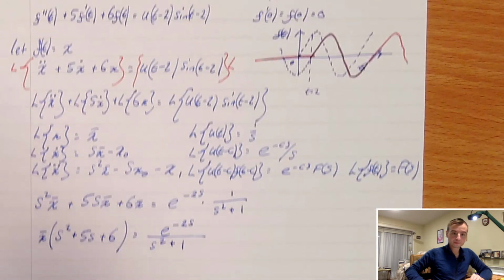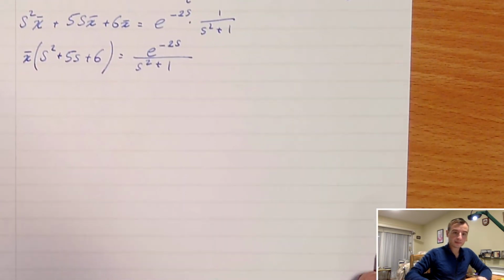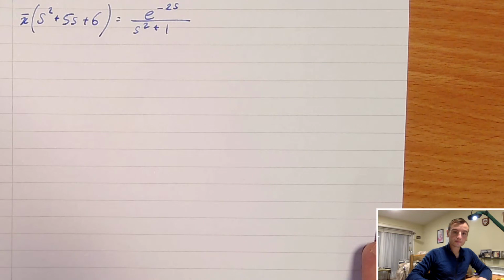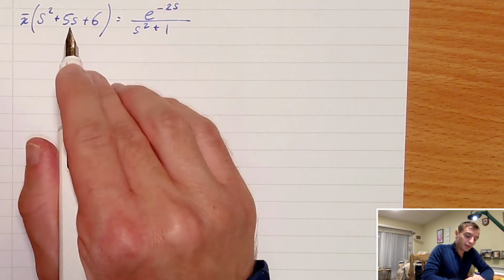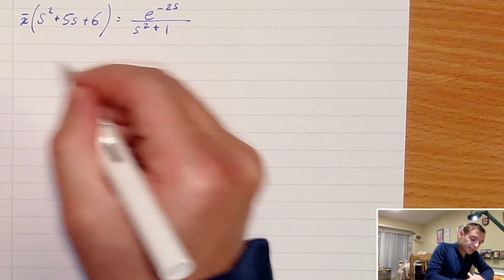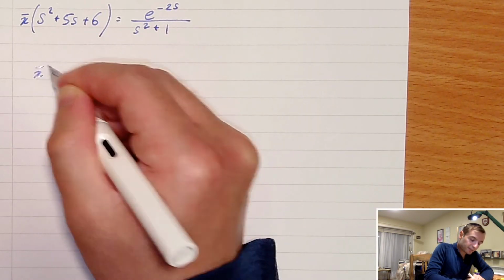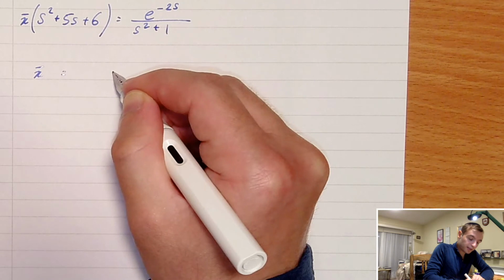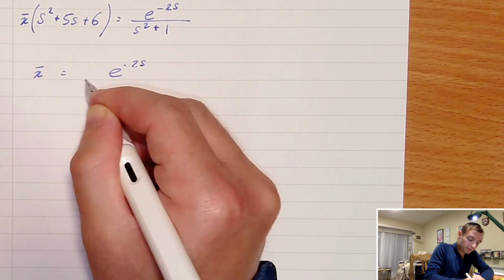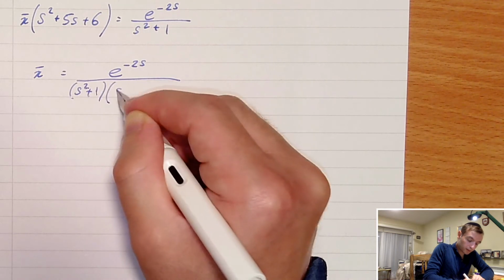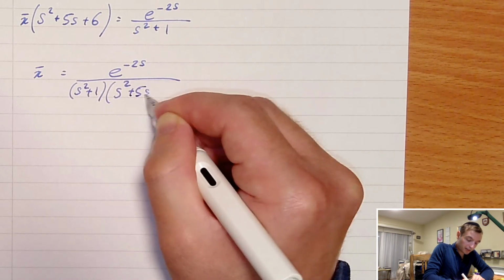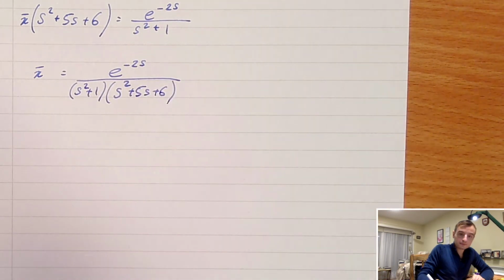Now we divide both sides by s squared plus 5s plus 6. So x bar equals e to the minus 2s on s squared plus 1 times s squared plus 5s plus 6.